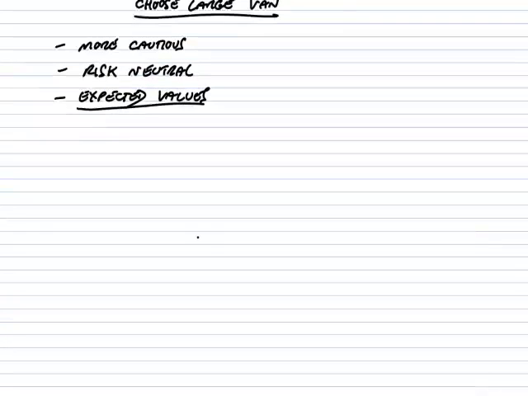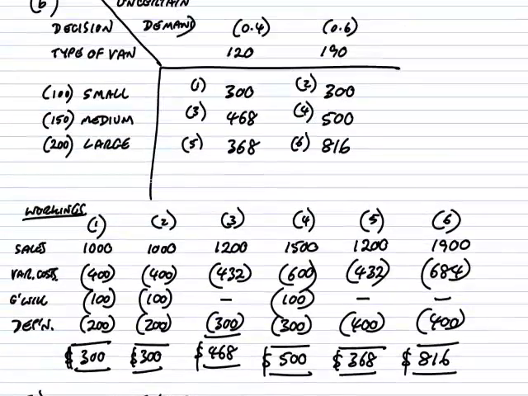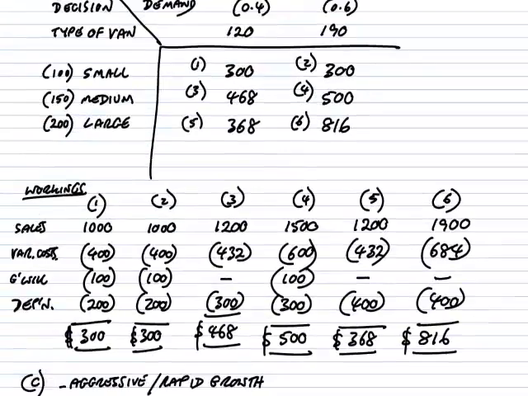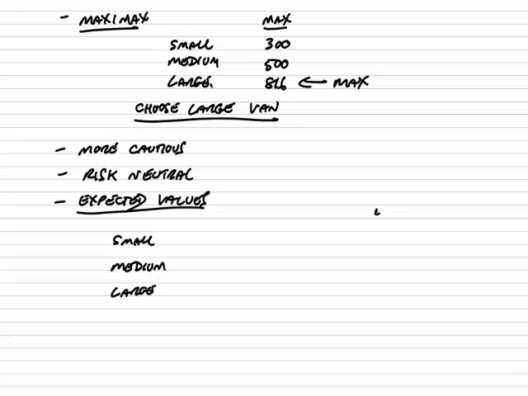Well, again, small, medium, large. For expected values, the weighted average. So remember the probabilities, 0.4, 0.6. However, for a small, it's 300 whatever happens, and so for a small, the expected value is 300. It's silly wasting time.